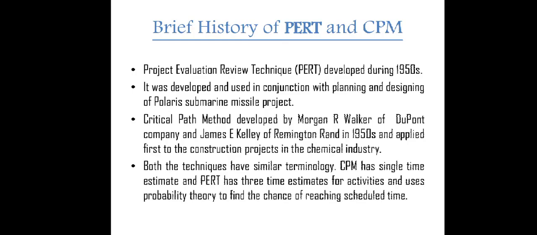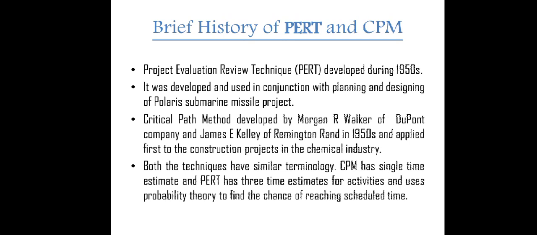Now let us understand the brief history of PERT and CPM. PERT, project evaluation review technique, was developed during the 1950s. It was developed and used in conjunction with planning and designing of the Polaris submarine missile project. So first the PERT technique was used in the missile project.